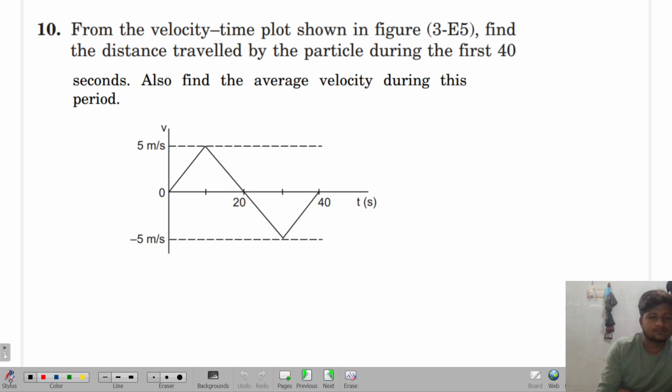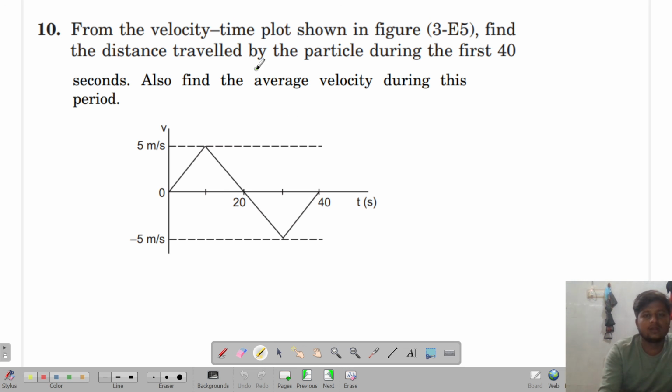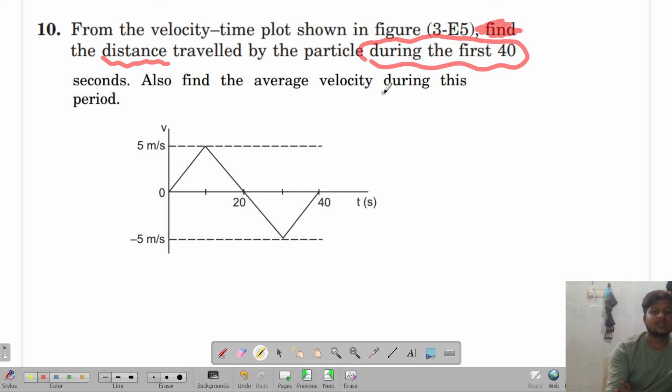Find the distance traveled by the particle. Remember that, not displacement. During what time? First 40 seconds. Got it or not? And also find the average velocity during this period.